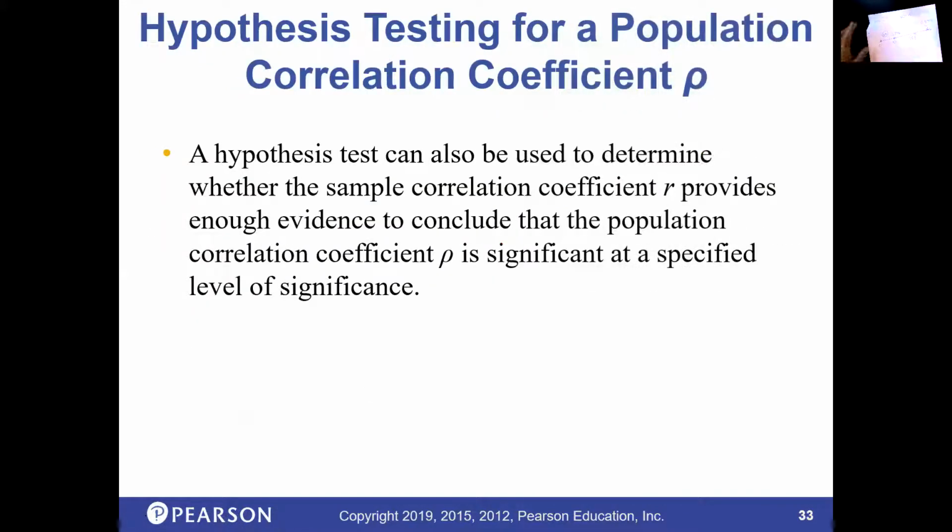Okay, now, we can use this critical number method, but we can also use a hypothesis test. Now, don't be scared. This is actually pretty easy in the way of hypothesis testing.